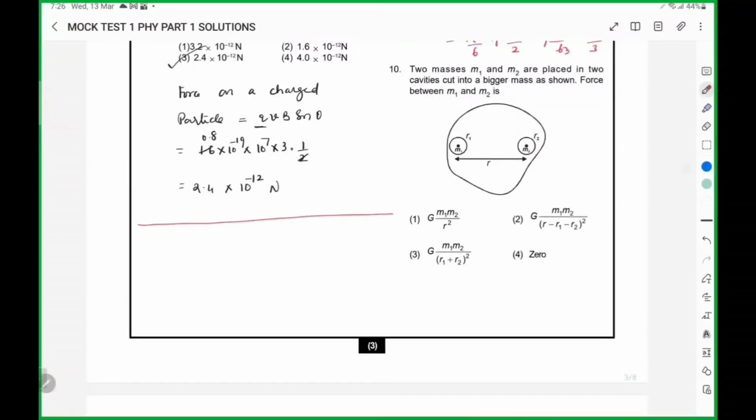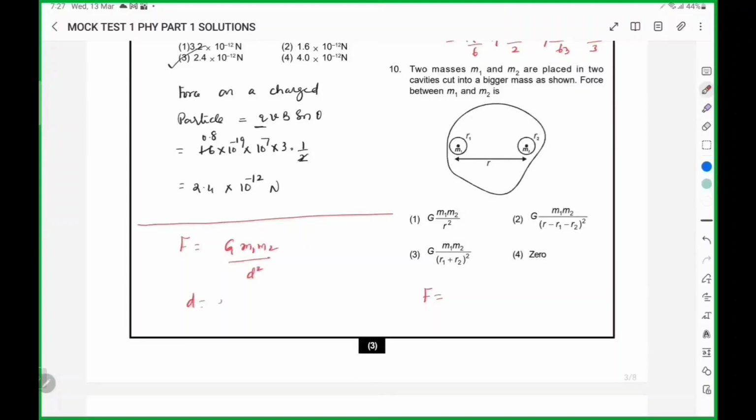Here it's a direct question, to calculate the force exerted. Force between M1 and M2 is F equal to G M1 M2 by D square, direct.